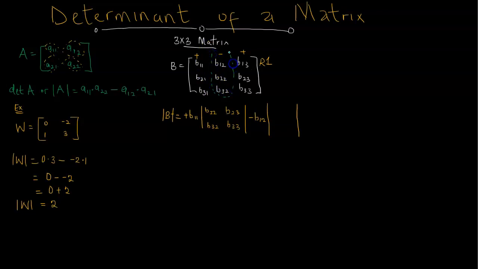I'm closing these and these. Thus, I'm left with B21, B23, B31, and B33.